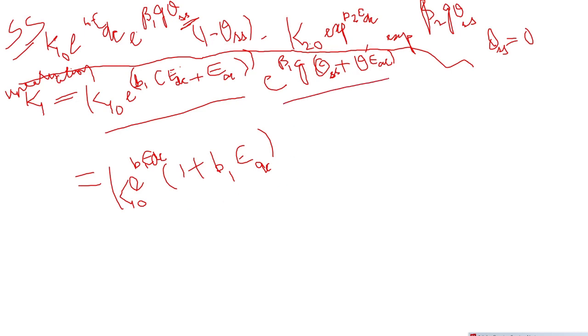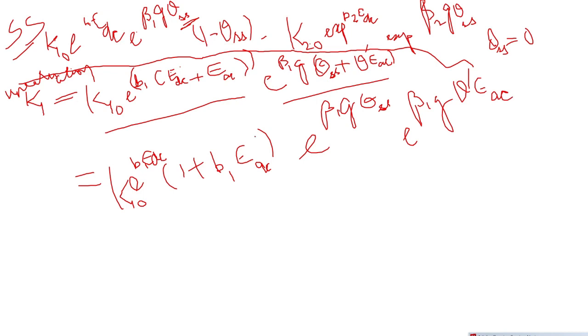Now similarly, this part I can write as e to the power B1 G theta SS times e to the power B1 G theta dash. If you would have seen the cases before, K1 DC is nothing but K1 naught e to the power B1 EDC.